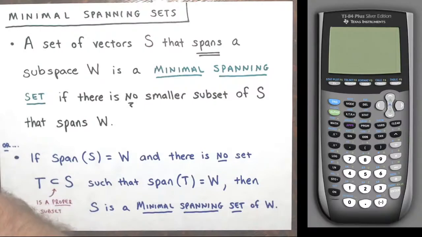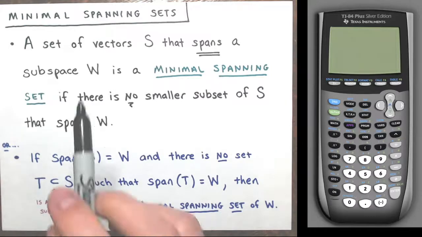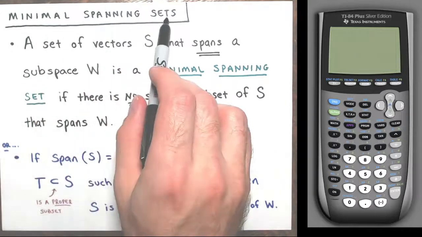Okay, so my first page here is just a definition. What does it mean for a set of vectors to be a minimal spanning set for some subspace? So, minimal spanning sets.